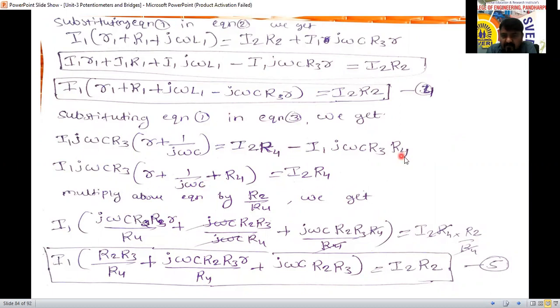The term left is R4. So plus R4 we have written here: I1 j omega C R3 into R plus 1 by j omega C plus R4, equal to I2 R4. See here, compare with equation number 4. What is there?